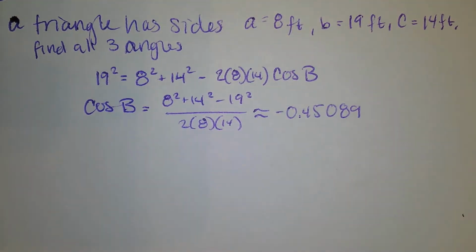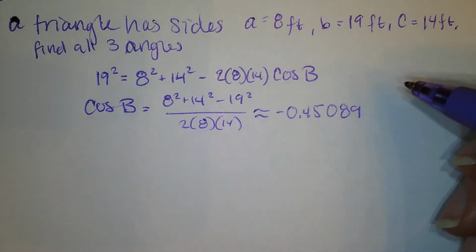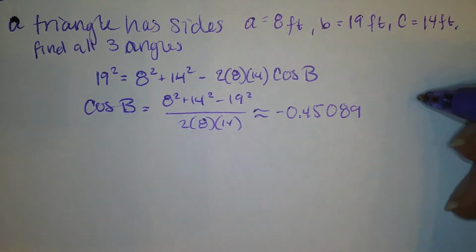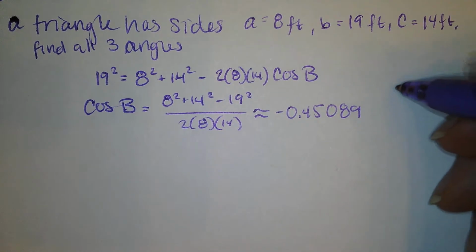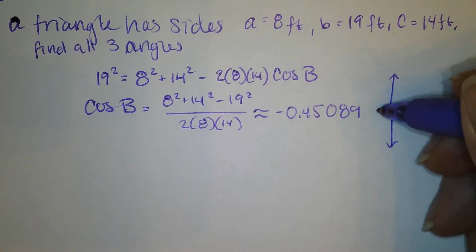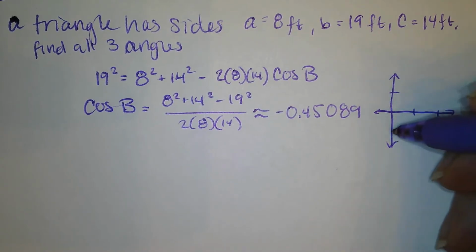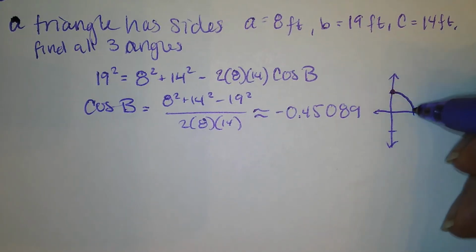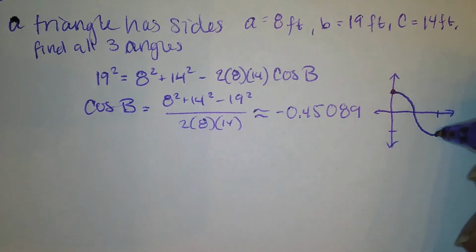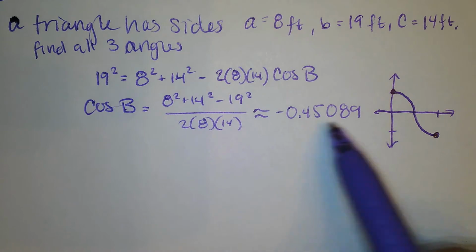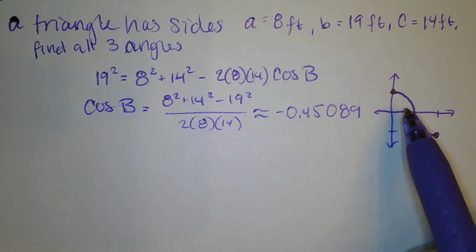Okay. So with a little bit of knowledge here, the graph of a cosine starts here and then ends here. When cosine is equal to something positive, it's going to be an acute angle.